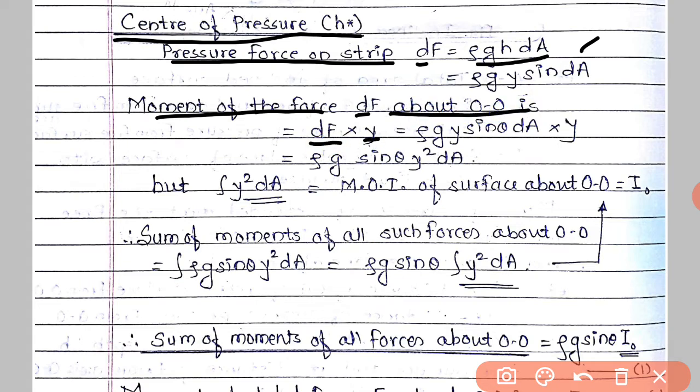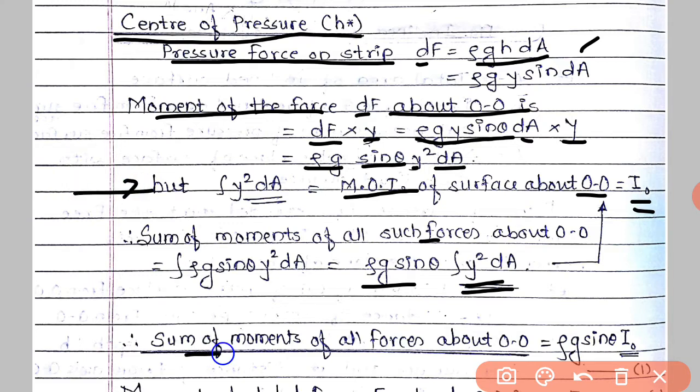We have to calculate moment for the single force, then by integrating we will get sum of moments of all the forces about O dash O. So rho g y sin theta into dA into y will be equal to rho g sin theta y square dA, but integration of y square dA will be equal to moment of inertia about O dash O, that is I0.